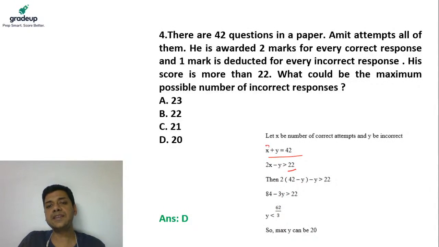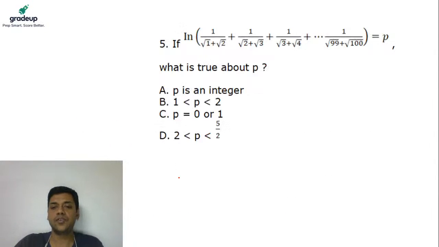Now, simply replace X with 42 minus Y. So 2 times (42 minus Y) is more than 22, which gives me 84 minus 3Y is more than 22, which means Y is less than 62 by 3, which means Y has to be less than 20 point something. The maximum possible value of Y cannot be a fraction because it's the number of wrong answers. Y cannot be a fraction. So maximum possible value of Y will be 20.